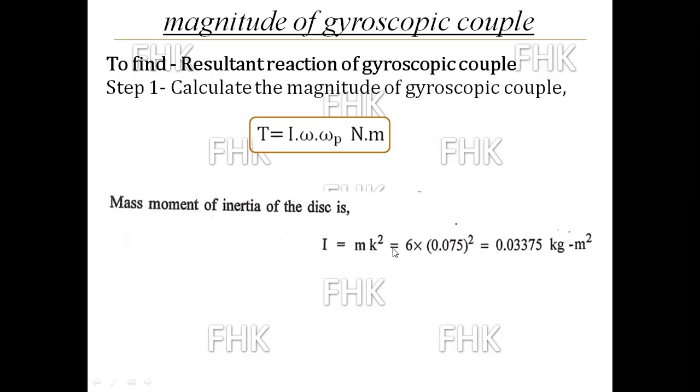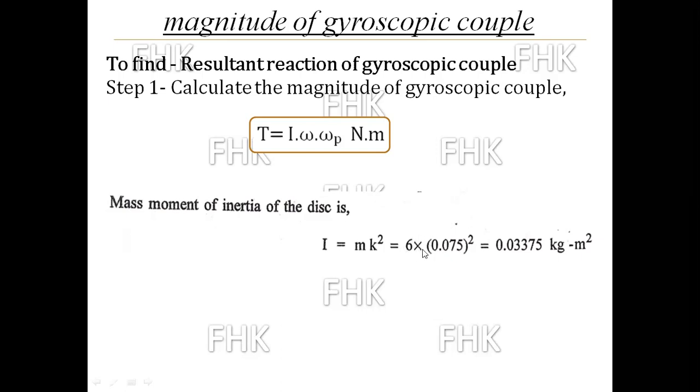So the mass of the rotating disc is 6 kg into radius of gyration, which is 75 mm, converted here into meters by dividing by 1000, so the value of k is 0.075 meter.